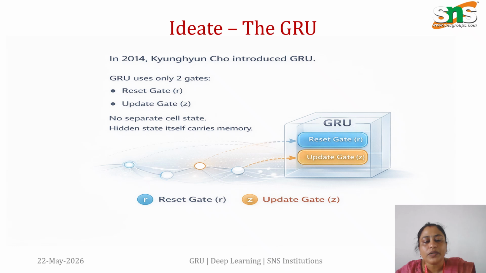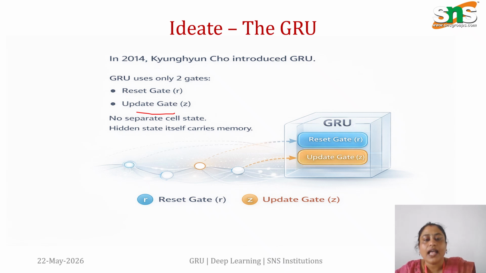Let's understand the working model of GRU. GRU was first introduced in 2014. In GRU, it uses only two gates: one is the reset gate, the other is the update gate. There is no separate cell state, and the hidden state itself carries the memory. The reset gate forgets the information from the past that is not needed.